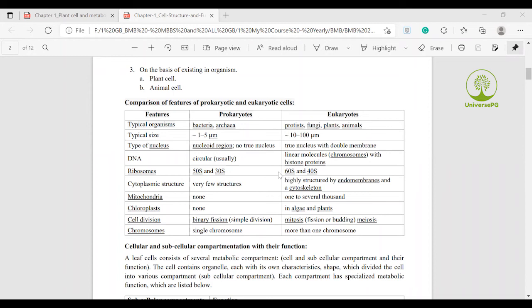Chromosome: a single chromosome is found in prokaryotic cells and 1 or more chromosomes in eukaryotic cells. So you read the major differences between prokaryotic and eukaryotic cells.